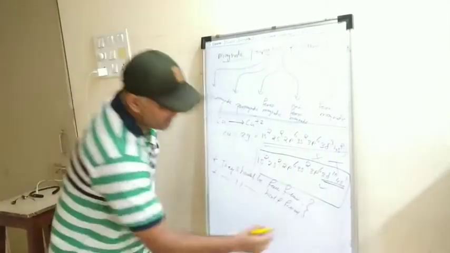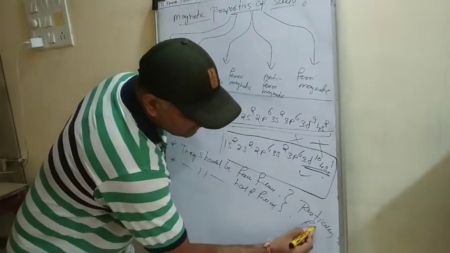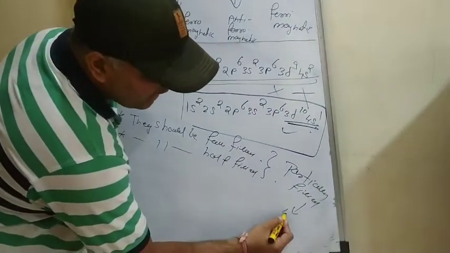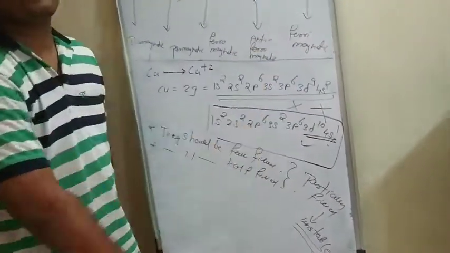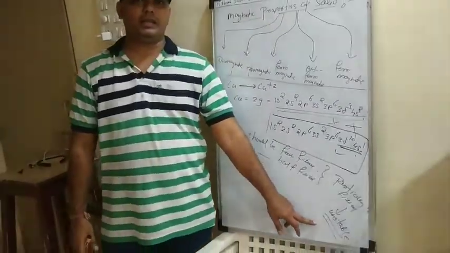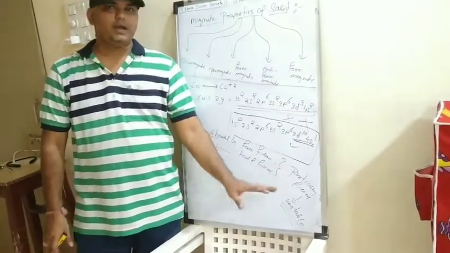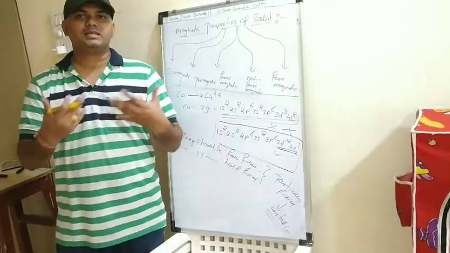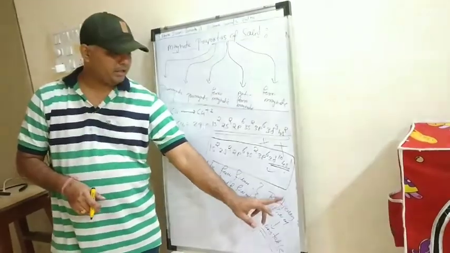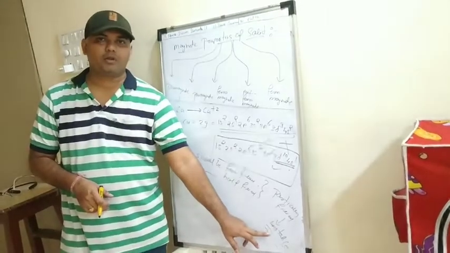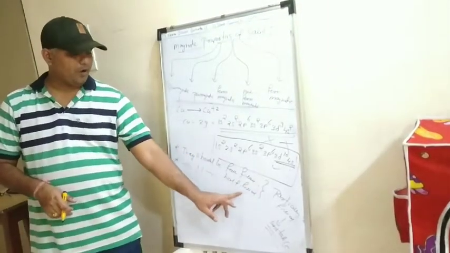But if they are partially filled, that means they are unstable. Everything finally comes down to stability. Every element in the periodic table is looking for its own stability, right? So in this case we are saying that a partially filled orbital is unstable, fully filled is stable and half filled is stable.